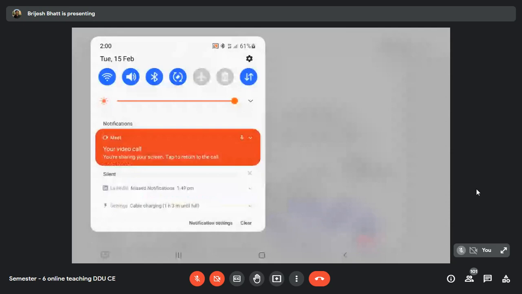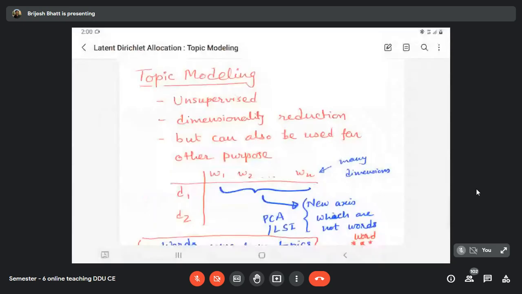So it is not just about the document and word, but we also need to know the underlying topics. This is from where the method derives its name, topic modeling. We want to find out which topic the document talks about. And there can be more than one topic. A document can talk about more than one topic. A word can belong to more than one topic. So this is a many to many relation.